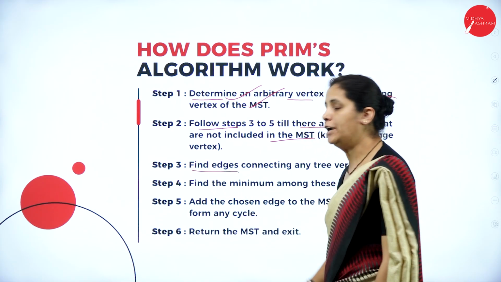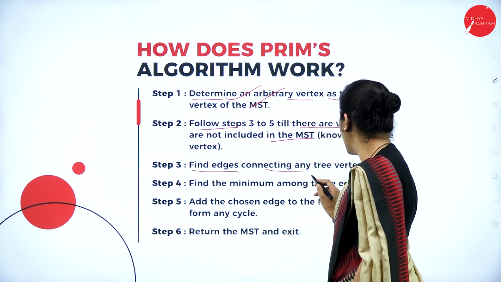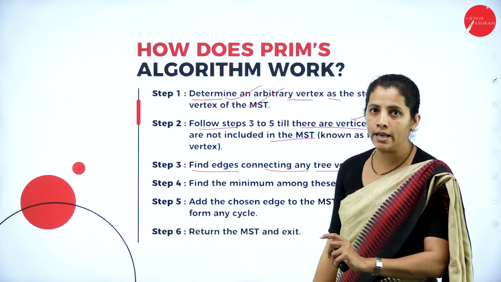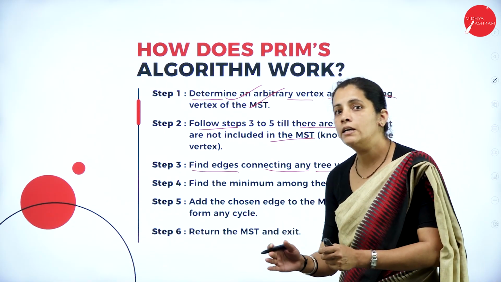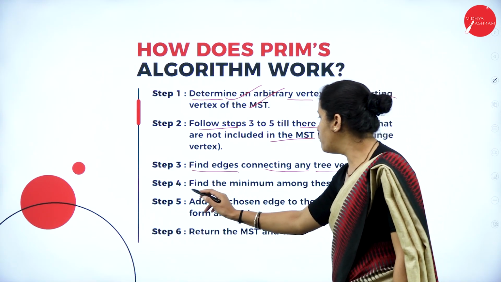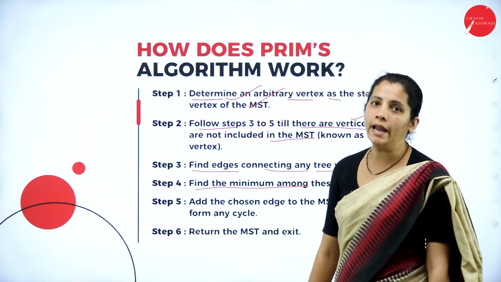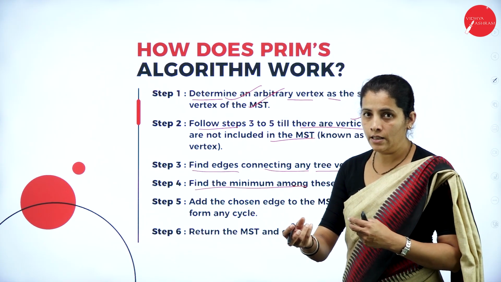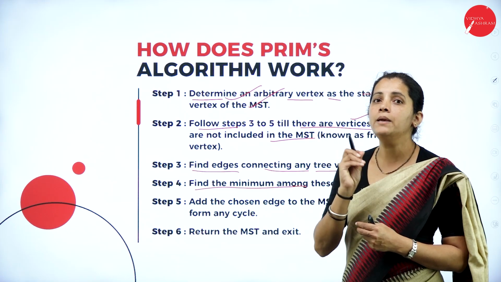Find the edge connecting any tree vertex, so I want to find the edge in such a way that it's connecting to the tree. Now find the minimum among the edges. If I have 2 to 3 edges that are connecting, I want to pick the minimum cost.